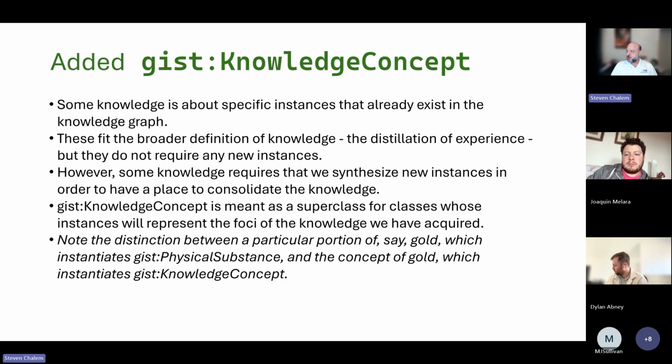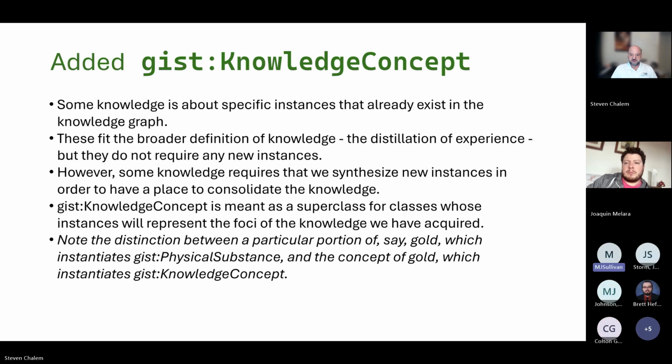I'll pause here for a moment and just ask if there are any questions or comments up to this point. Michael: Yeah, in this case, the concept of gold, a knowledge concept, would that be like an umbrella over the physical instance of gold?